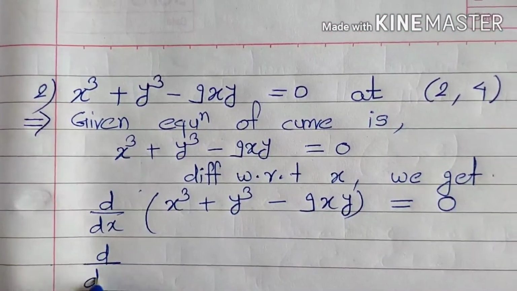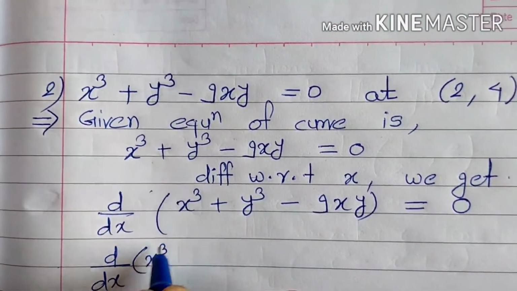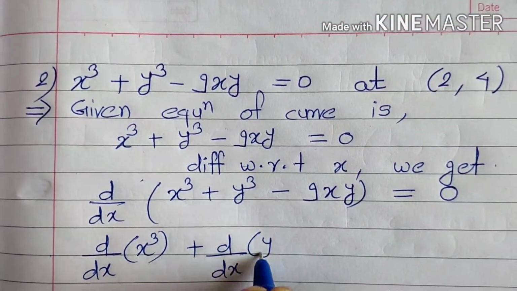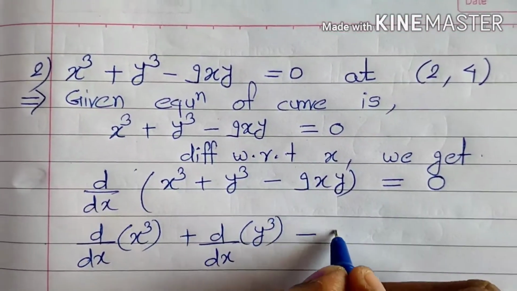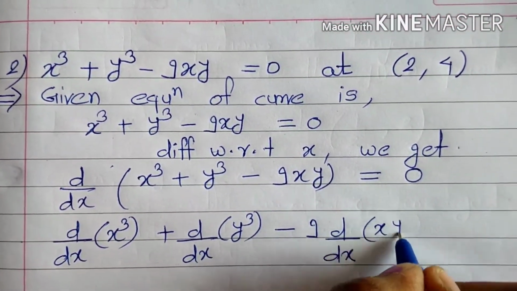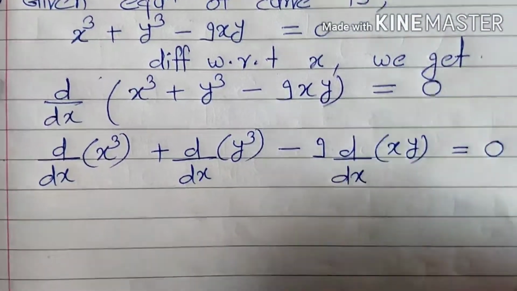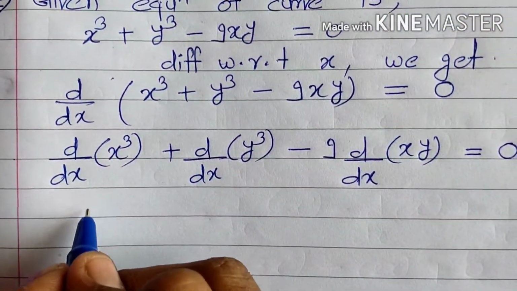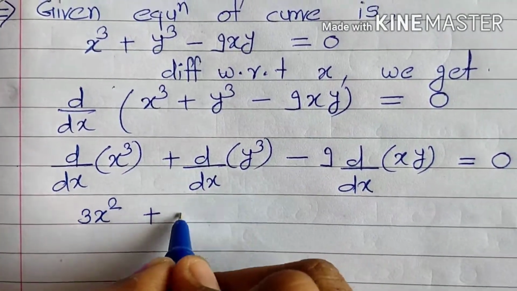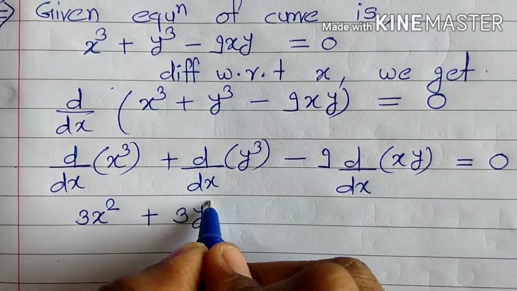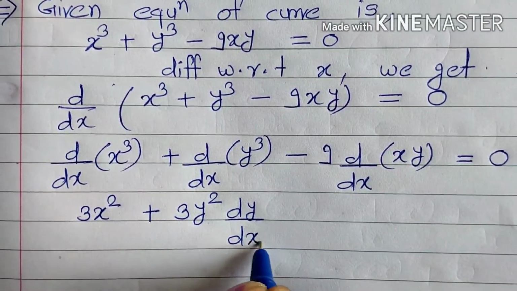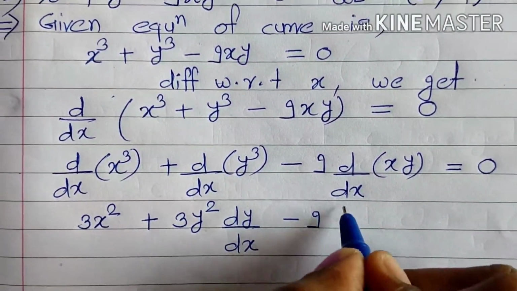So applying sum rule, here 9 is constant, so take it outside of differentiation. Derivative of x cube is 3x square. Derivative of y cube is 3y square dy by dx, minus 9.